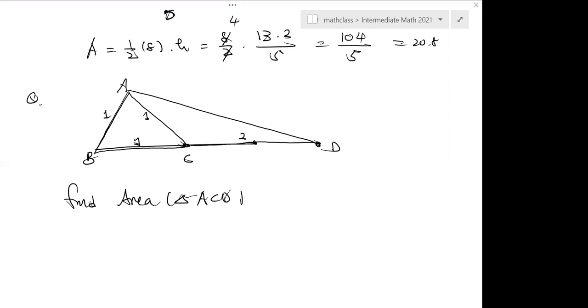Is that bottom Y or is that 1? 1. ABC is an equilateral triangle.